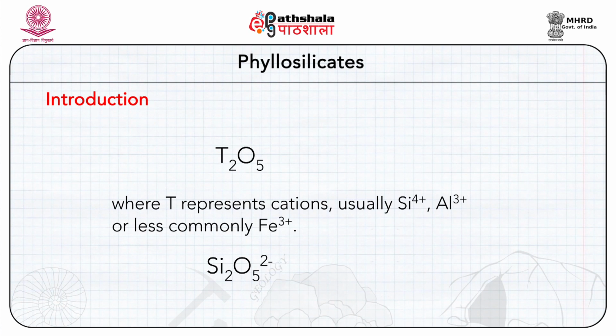These apices connect the tetrahedral sheet. The apical oxygen atoms of the tetrahedra are shared with an oxygen atom or the OH anion from the octahedral sheet. Different stacking combinations of the two connected basic tetrahedral and octahedral sheets result in the phyllosilicate structures.